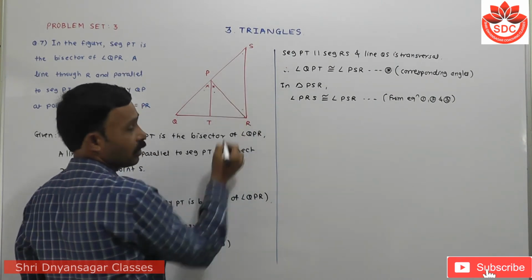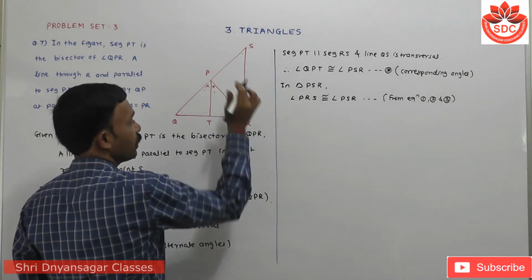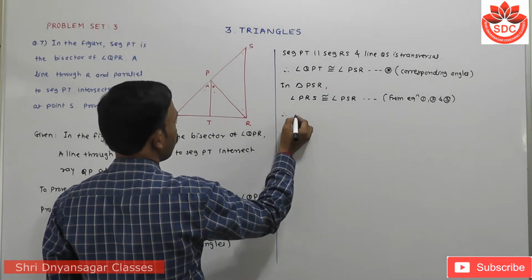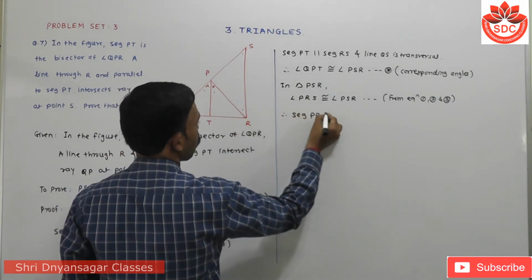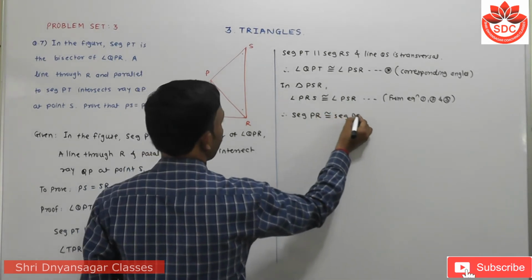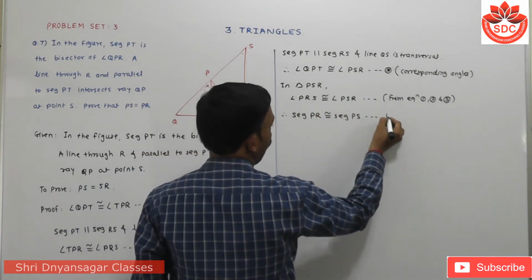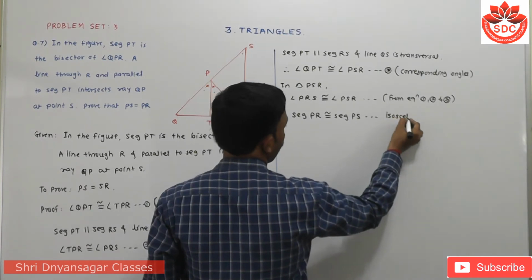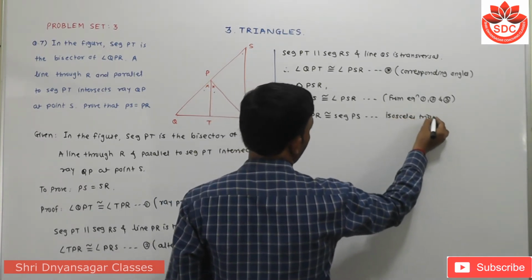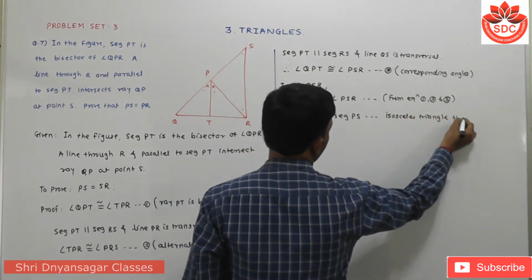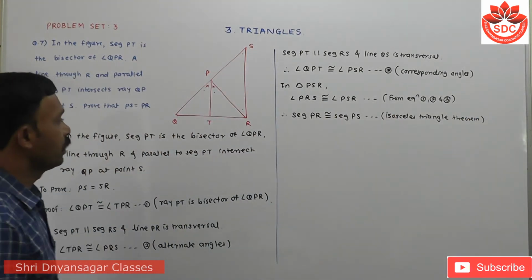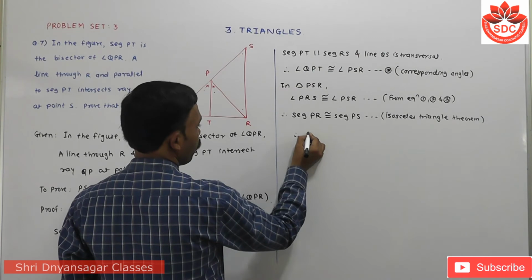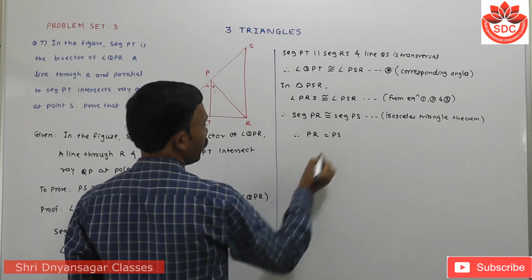Then by using isosceles triangle theorem, these two sides are also congruent or equal. Therefore, segment PR is congruent with segment PS by isosceles triangle theorem. That is, if these two are congruent, means that they are equal. PR is equal to PS.